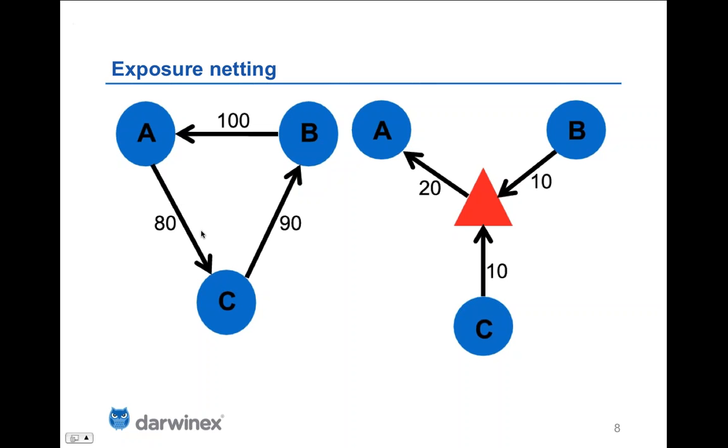And basically what happens here, so let's say in an OTC situation, when we see on the left, let's say we're talking about the euro dollar. In this case, A is short 100 euro dollar with B, and long 80 euro dollar with C, and similarly with B and C. You can see the direction of the arrows. So net, B is long 10, A is short 20, and C is long 10.